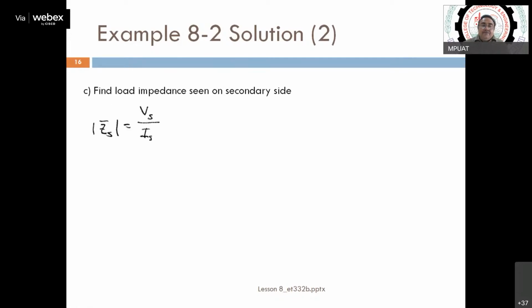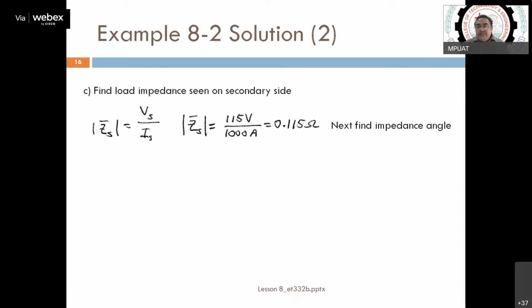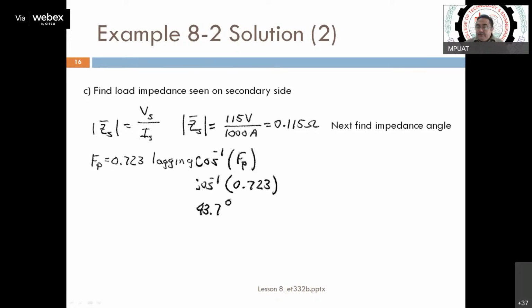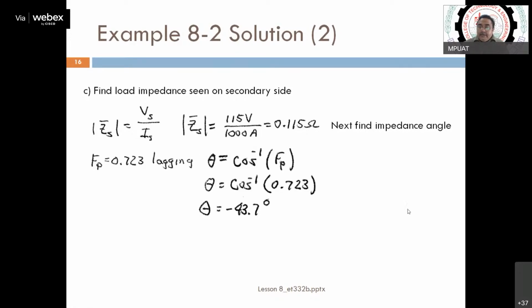Now the third part is to find the load impedance seen on the secondary side. Load impedance is nothing but secondary voltage divided by the secondary current. 115 divided by 1000 comes out to be 0.155 ohm. Okay, next we will find its power factor, that is the impedance angle.